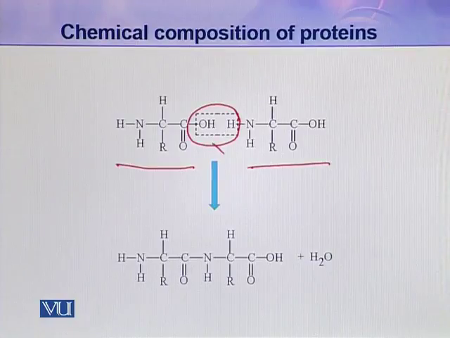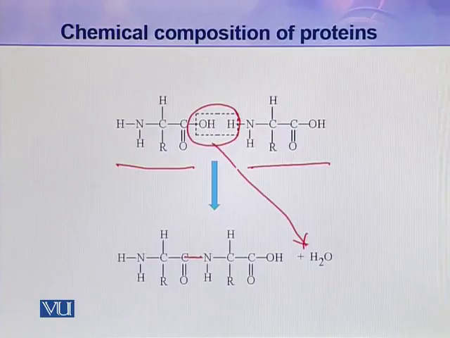One water molecule is eliminated, and with the elimination of this water molecule, a covalent bond is established between this carbonyl carbon and this nitrogen. This bond is actually a covalent bond, but it is called a peptide bond. So in this way, two amino acids join together through a peptide linkage.